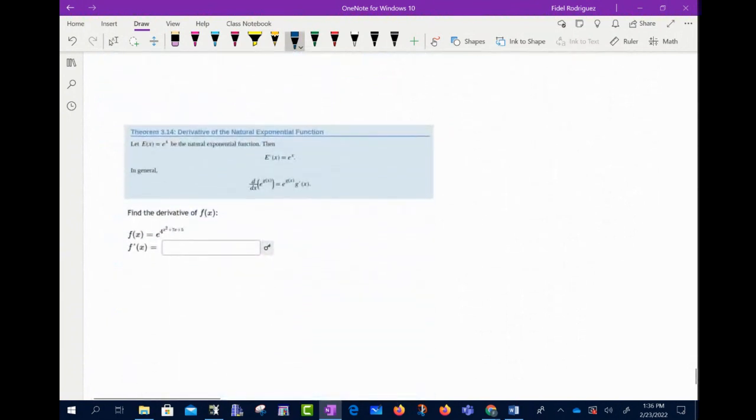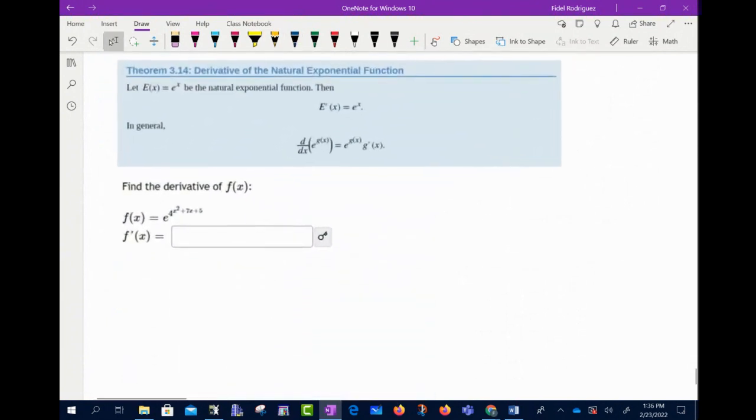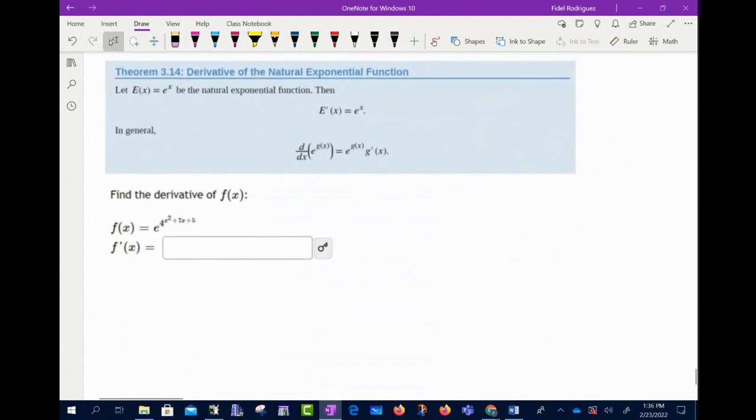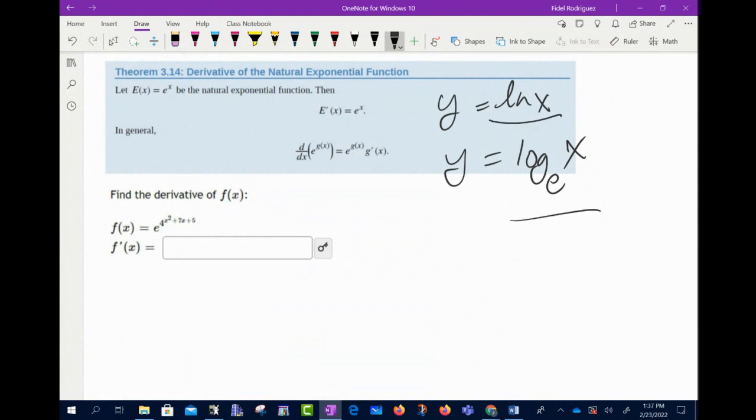Okay, so next part, what we have here are derivatives of the natural exponential function, right? Earlier, John's question was, what was the ln of x? The ln of x is just the log with the base e of x, okay? This is just like college algebra stuff, but natural log is the same thing as a log base e of x.